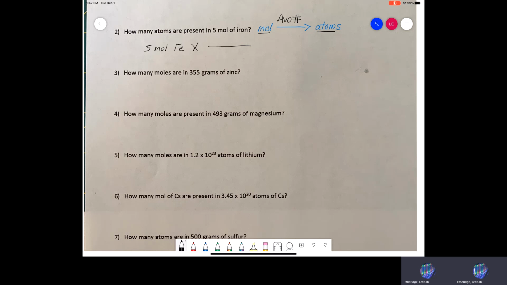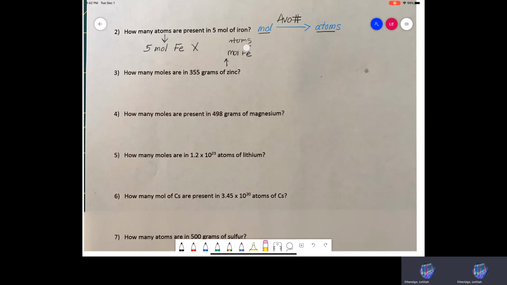Because I have moles in the numerator here, I need moles in the denominator here. So I'm just going to write moles of iron. Since you're using Avogadro's number, you know that 1 mole of a substance equals 6.022 times 10 to the 23rd atoms. So I'm going to write atoms up top.